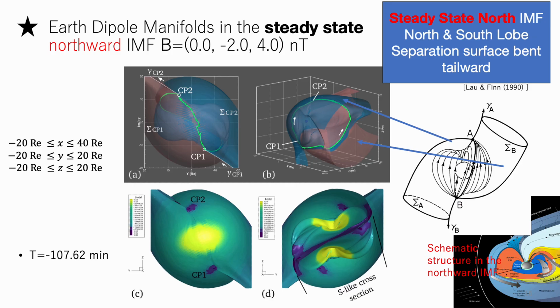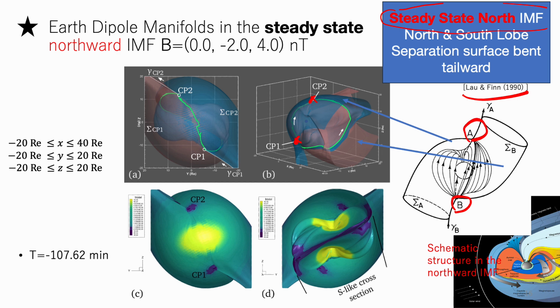So let us first visualize steady-state northward IMF. This is the case for Finn and Lau, and this is our visualization result. We have CP1 and CP2, and CP1 corresponds to B, and CP2 corresponds to A.